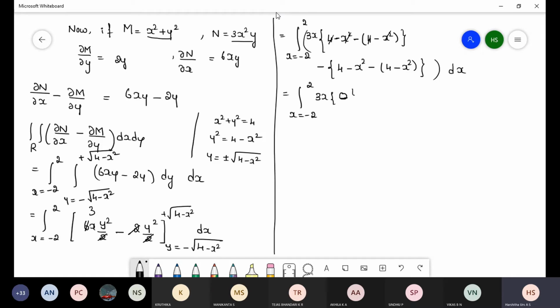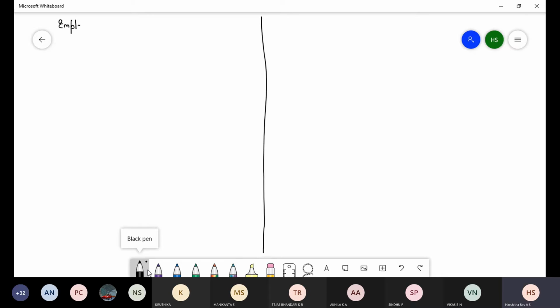So it will become 0: minus 4 plus 4 minus x square plus x square. These two will also get cancelled. Whole into dx. That is equal to 0, is the answer. Here we verify that both are the same.